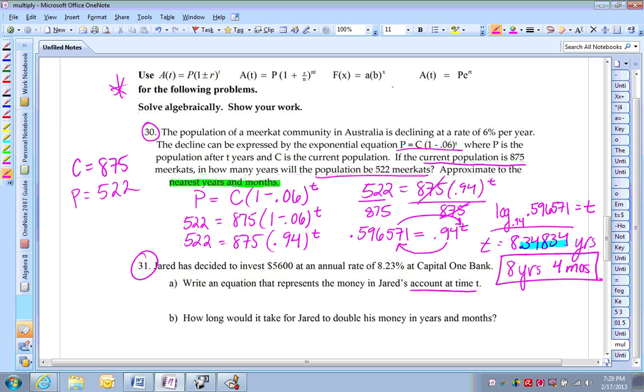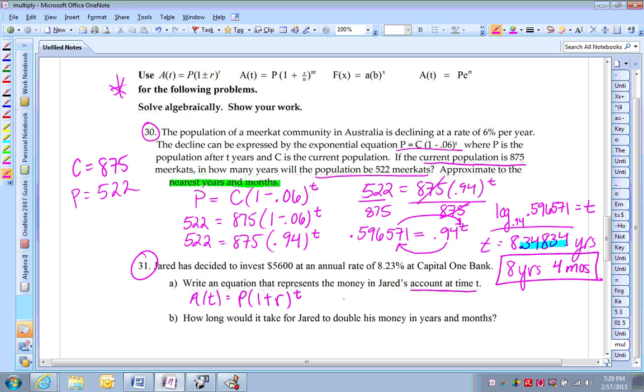It doesn't say anywhere in here that they're compounding it, so the formula that I'm going to use is A of t equals P times (1 plus r) raised to the t, because that is our increasing exponential formula. We're not dealing with compounding in this problem, so the formula within it is not necessary.